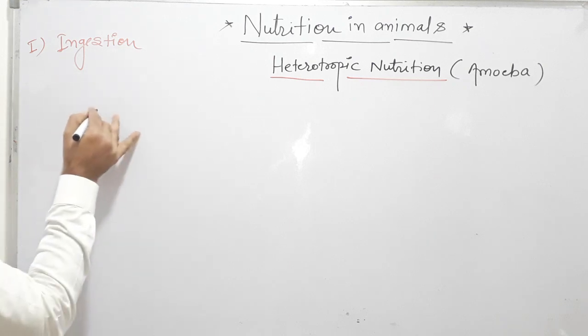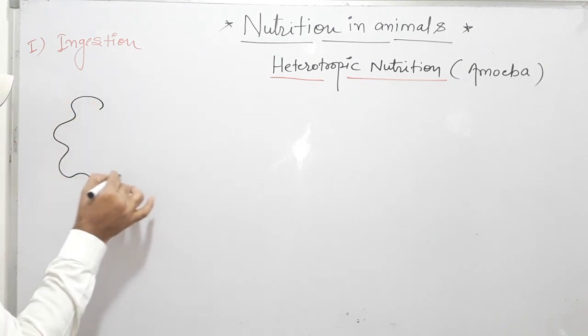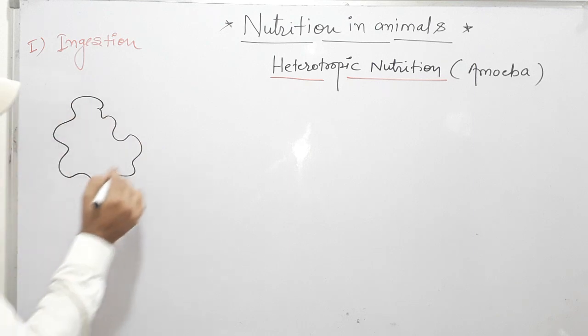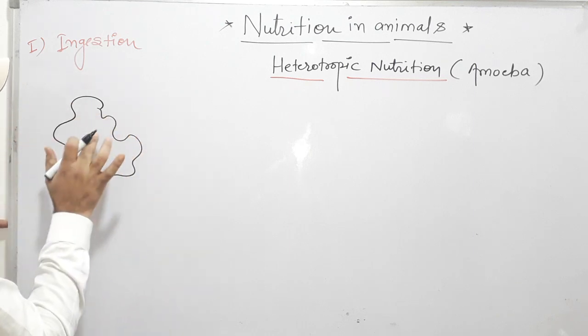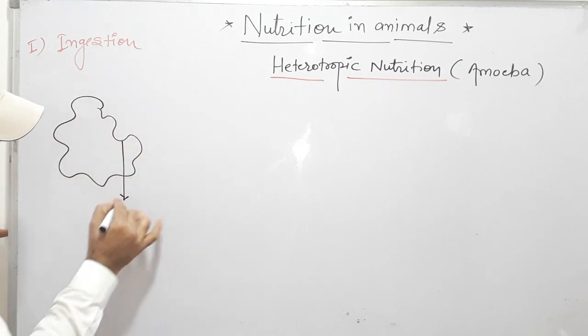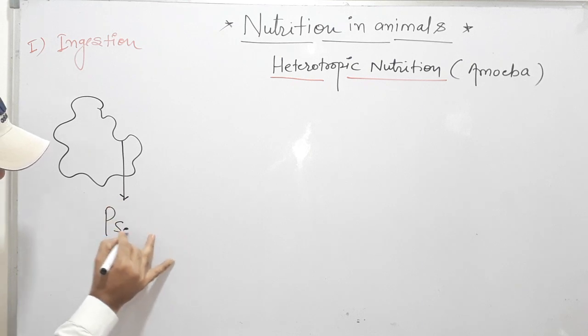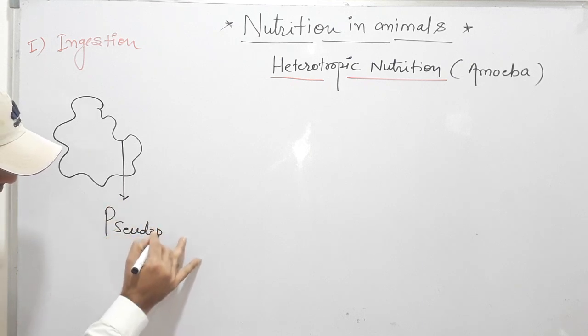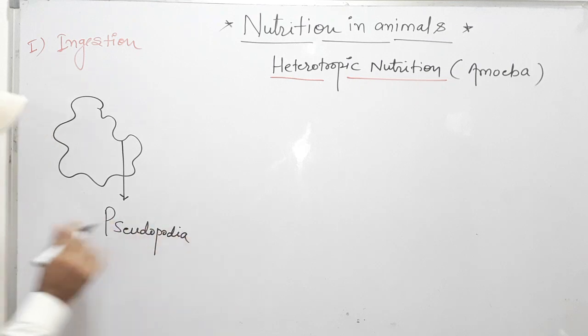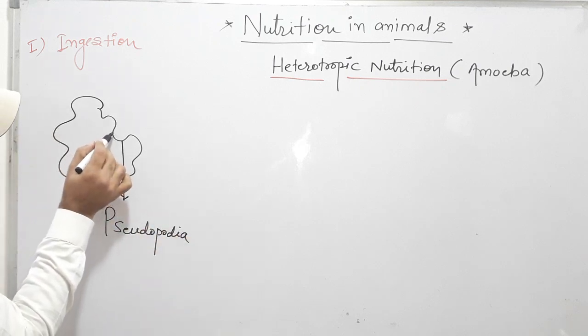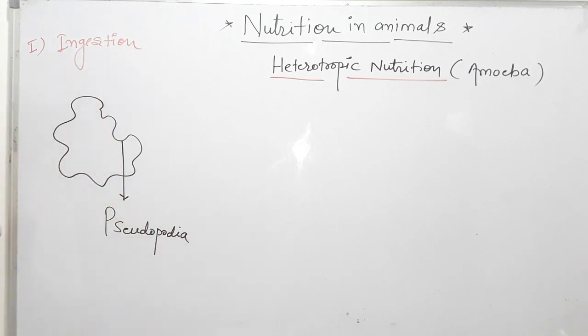For this process, the irregular body of amoeba first of all plays a role in the formation of pseudopodia. The structure is called pseudopodia because it is a cup-like structure and it is a temporary mouth of amoeba.